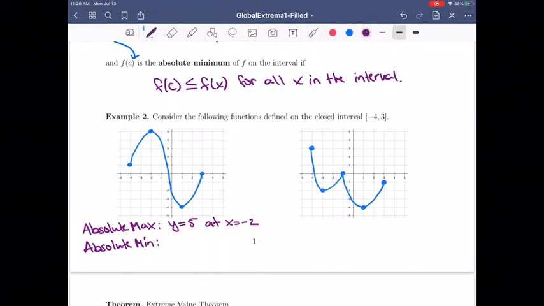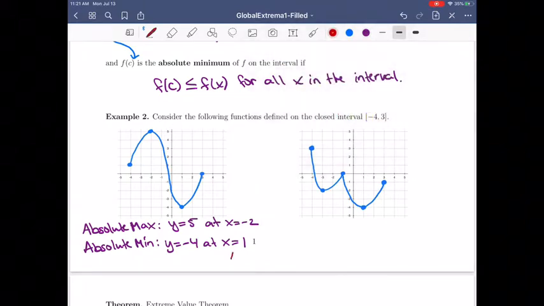What about the absolute minimum? Well, that occurs at this valley here, the smallest part, so that's going to be y equals negative 4, which is when x equals 1. Now notice, what do x equals negative 2 and x equals 1 have in common?